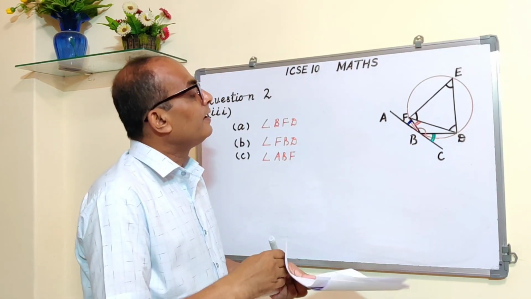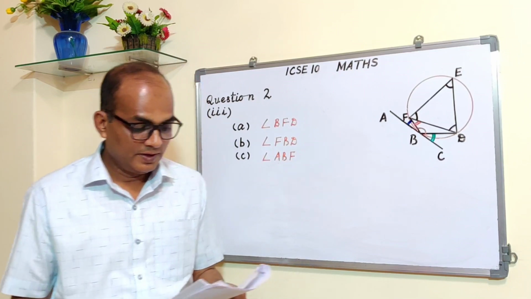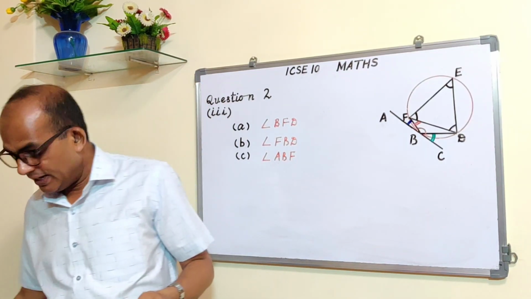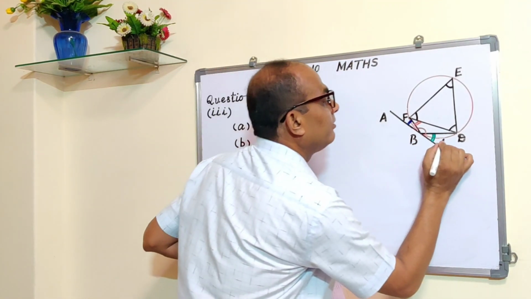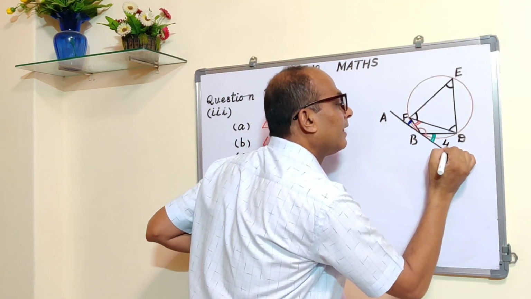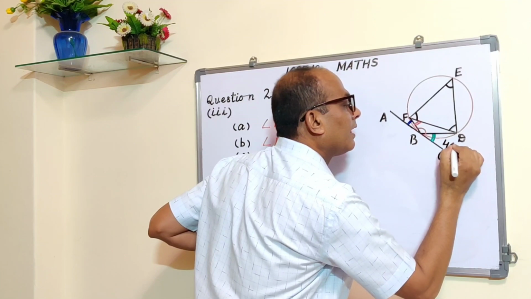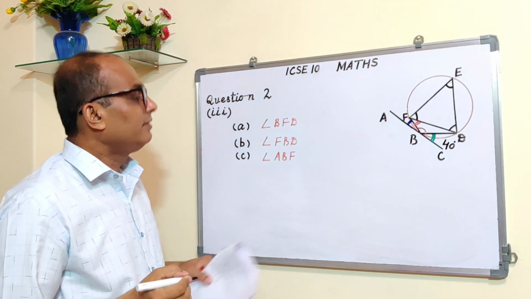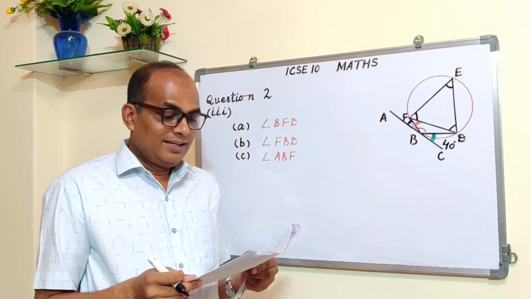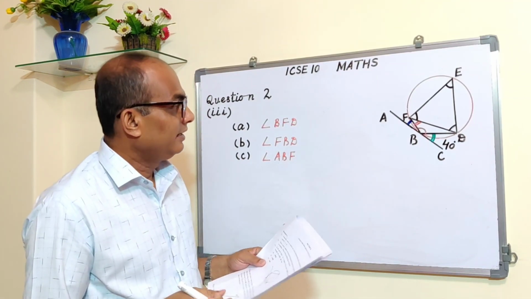Okay. Fine. And angle CBD is given 40 degree. This angle is given 40 degree. See, one more thing is given. EFD is an equilateral triangle.